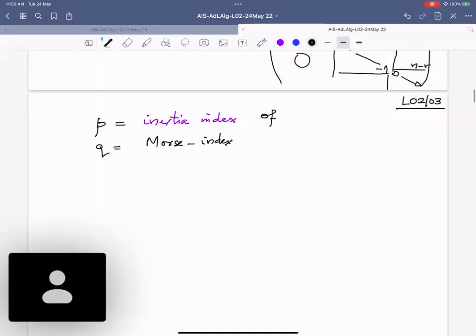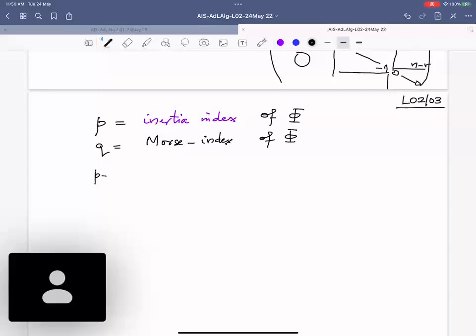The sum of P and Q is the rank of phi, and P minus Q is called the signature of phi.